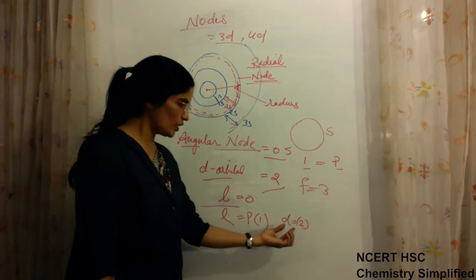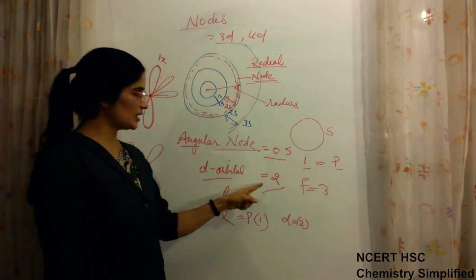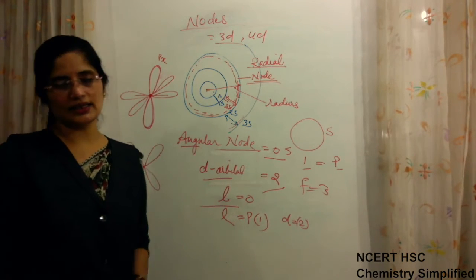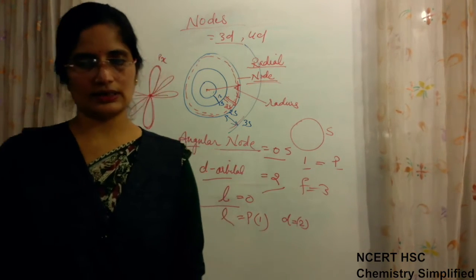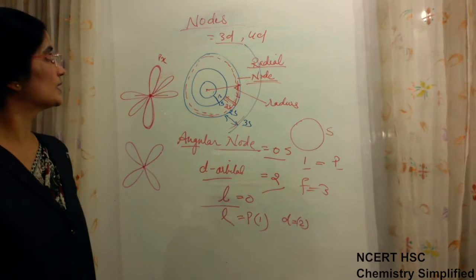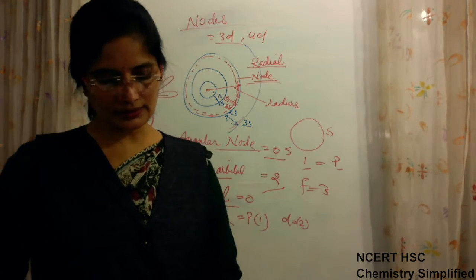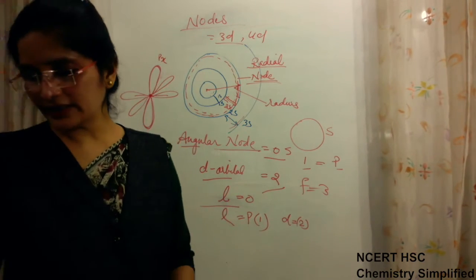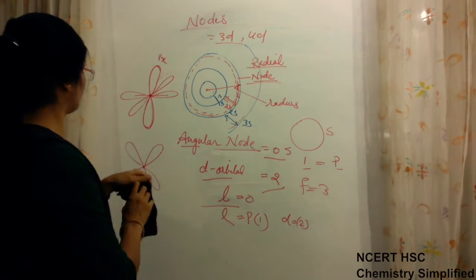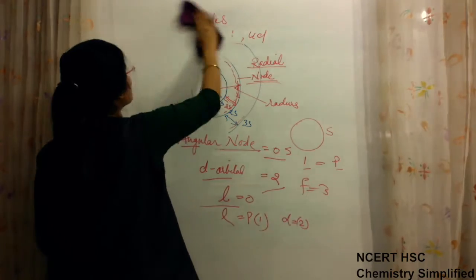So whatever is the value of L, the same is the number of angular nodes present in a particular orbital. Okay. So this is all about radial nodes and angular nodes. Clear? So here we complete the discussion of the theoretical part of this chapter.